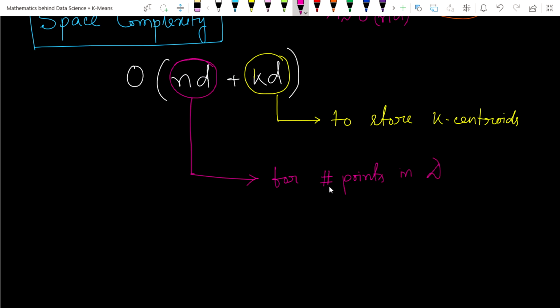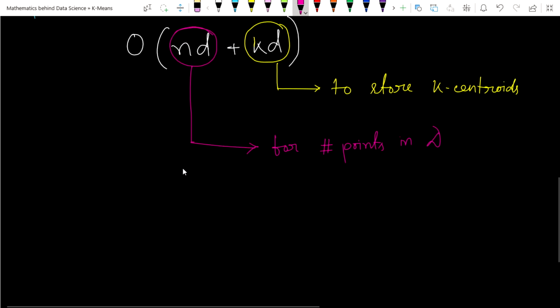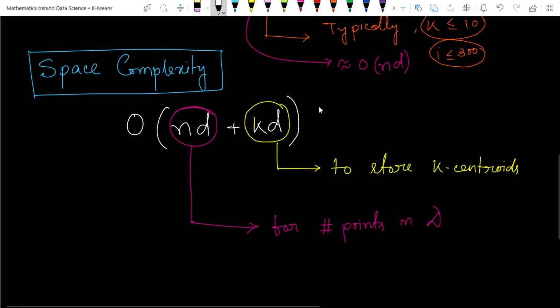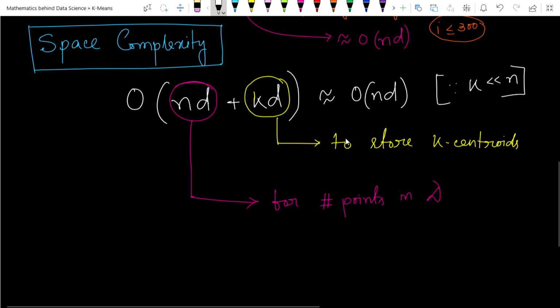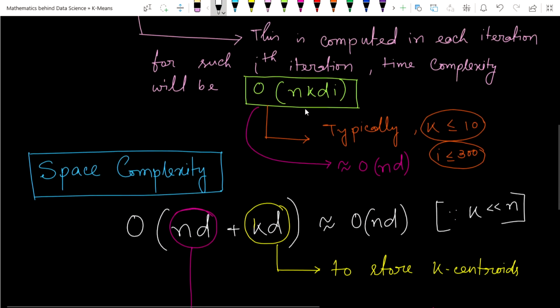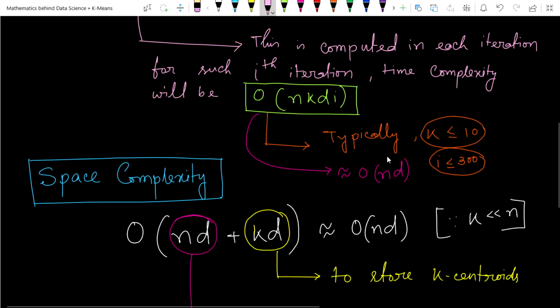Since k is very small compared to n, the time complexity as well as the space complexity is approximately order of n.